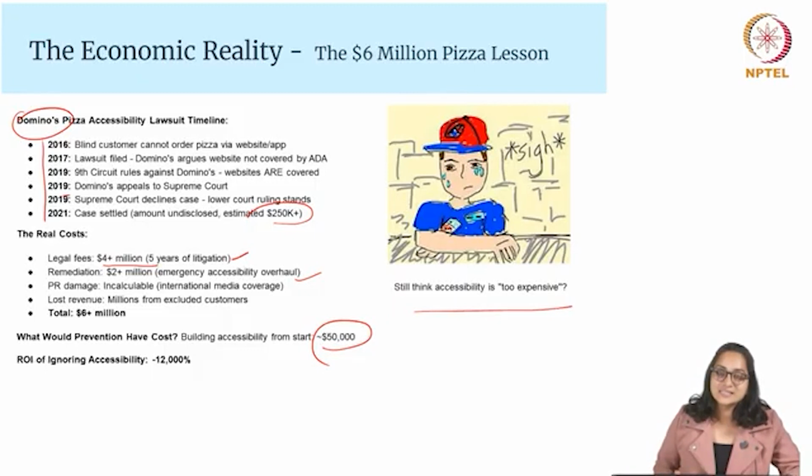I think this is a very expensive lesson that Domino's learned, and now those acts and laws starting 2025 have also found their ground in India as well, and it's not going to be easy to bypass them any longer, and that is where accessibility becomes very, very critical.